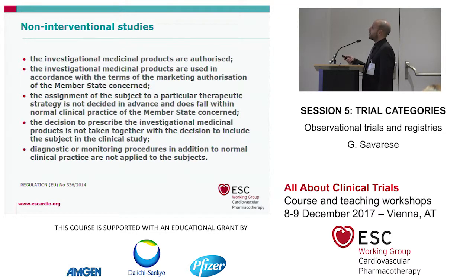The assignment of subjects to a particular therapeutic strategy does not depend on a study protocol, but on the clinical practice in the country in which the study is performed. And diagnostic or monitoring procedures, in addition to normal clinical practice, are not applied to the subjects involved in an observational study.